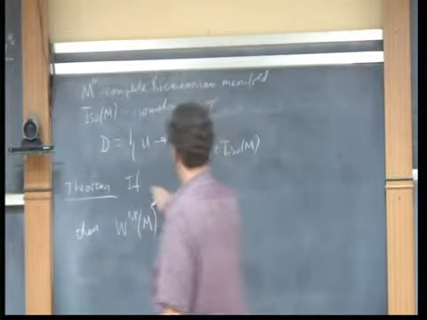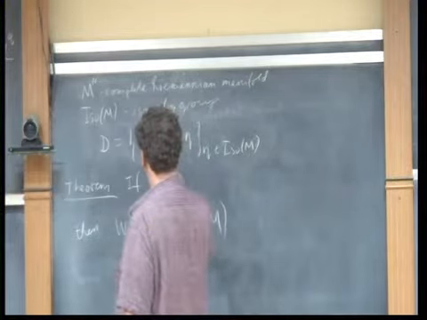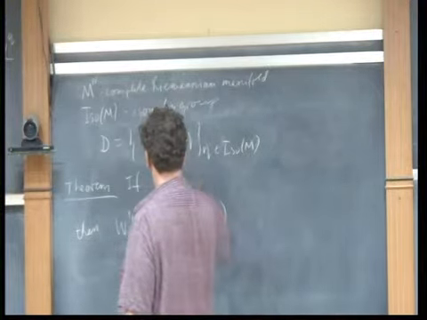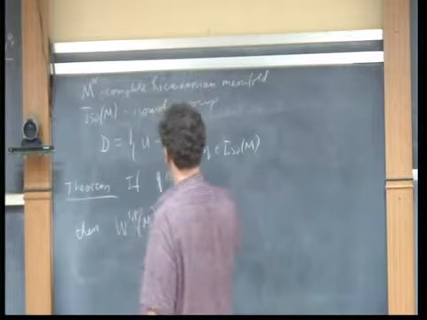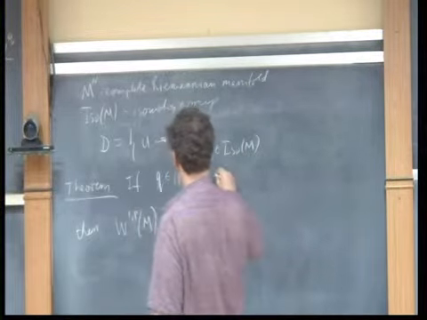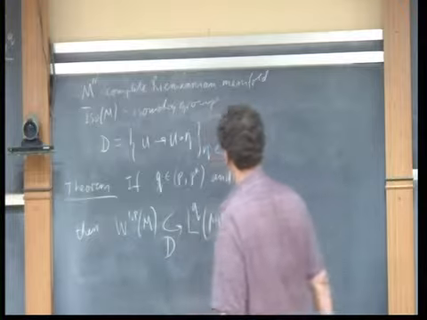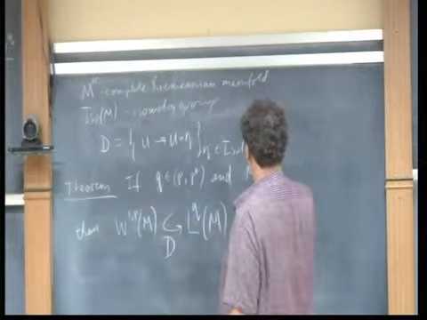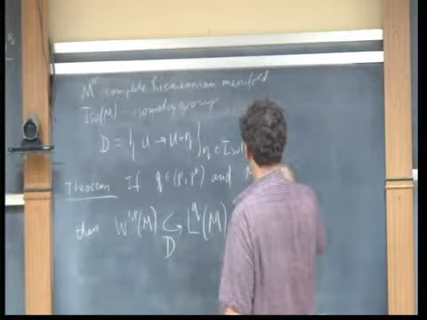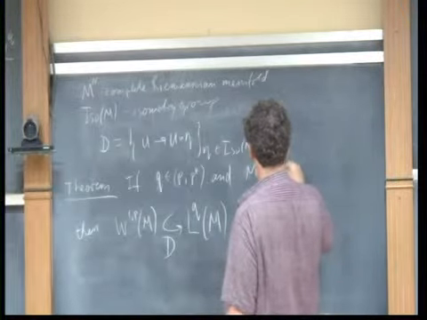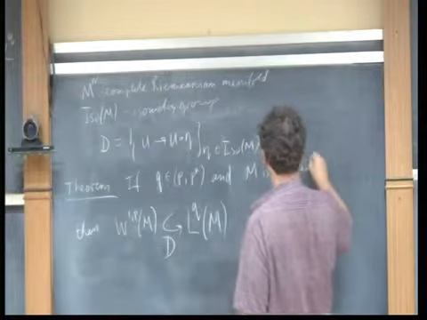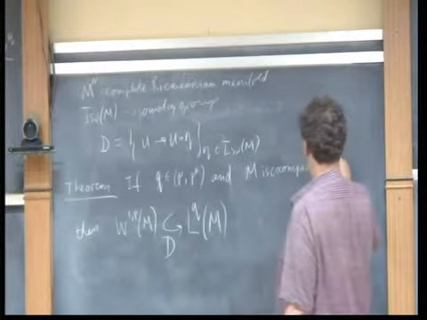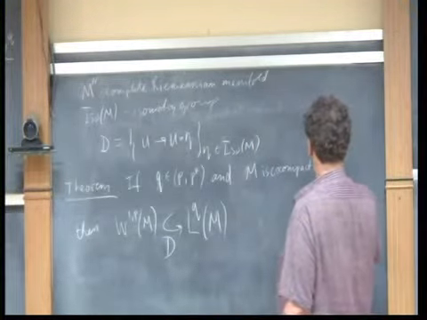So the condition is, of course, as before, q between p and p star. And the other condition is that M is co-compact with respect to its isometries.